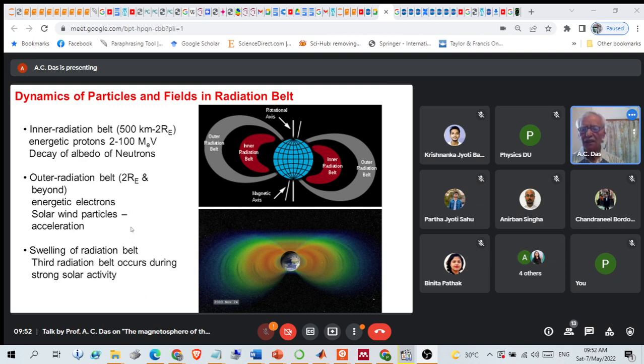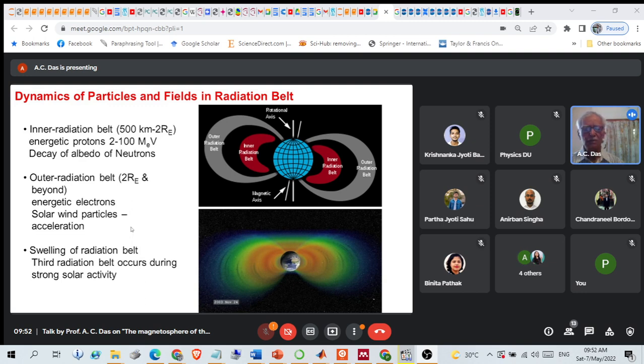Earth is a dipole magnetic field so far as we are near to it, and therefore the motion of the particles will be determined, will be controlled by the magnetic field of the Earth.